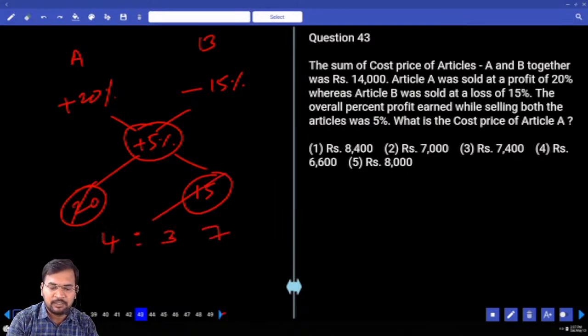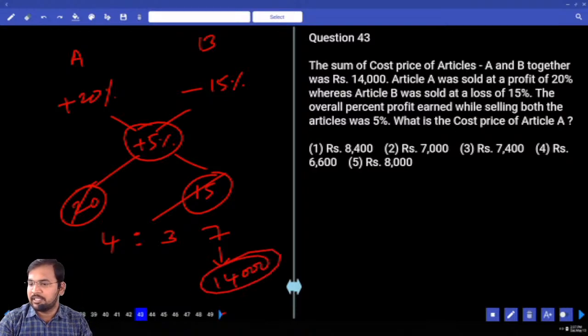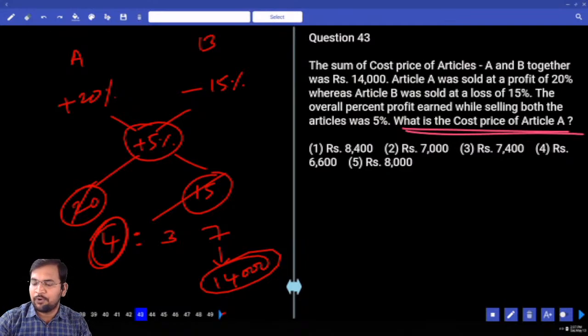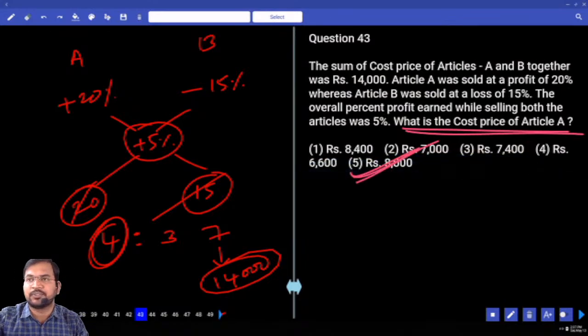Total 7 parts is 14,000, na. Each part is 2,000, na. They are asking cost price of A, na. Cost price of A is how many parts? 4 parts. 4 parts is 8,000. Are you clear? Next question.